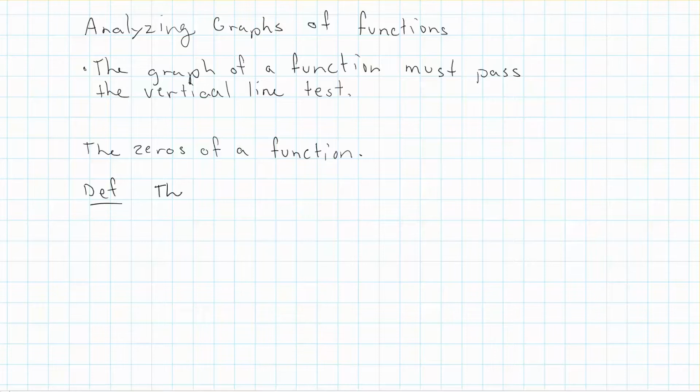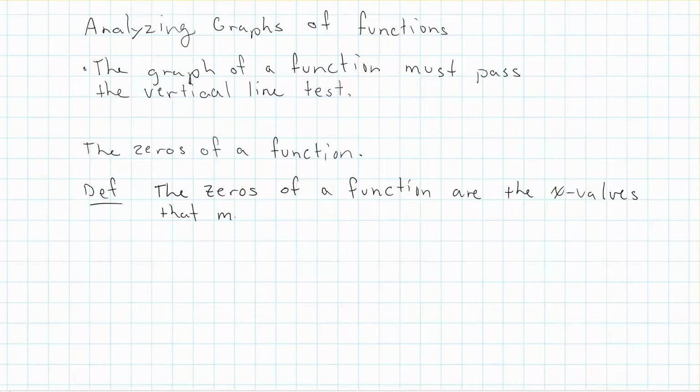So the zeros of a function are the x values that make f of x equal 0.